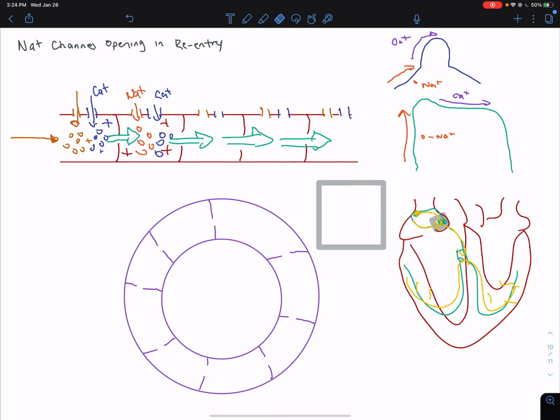What happens is we have an accessory pathway that forms that is going to allow for an impulse to become cyclic.